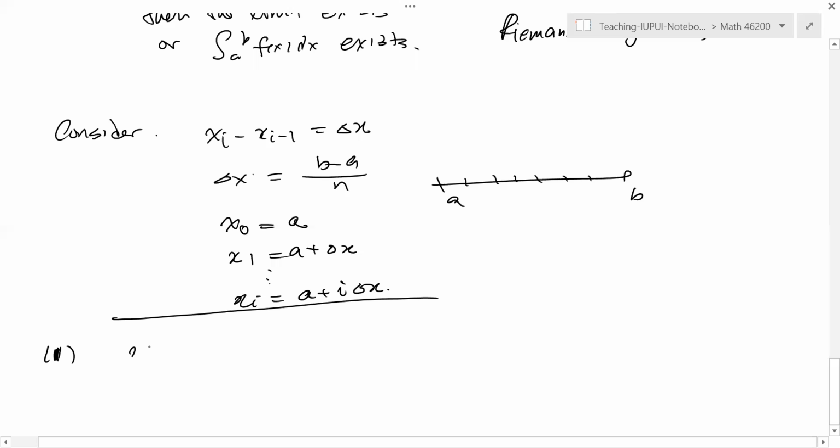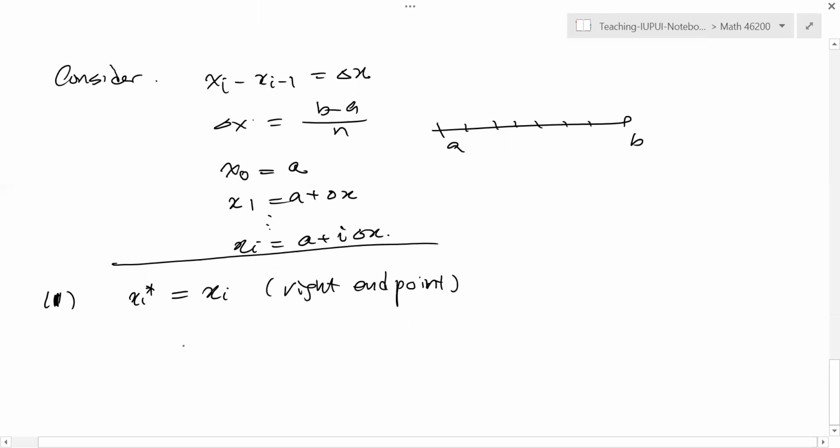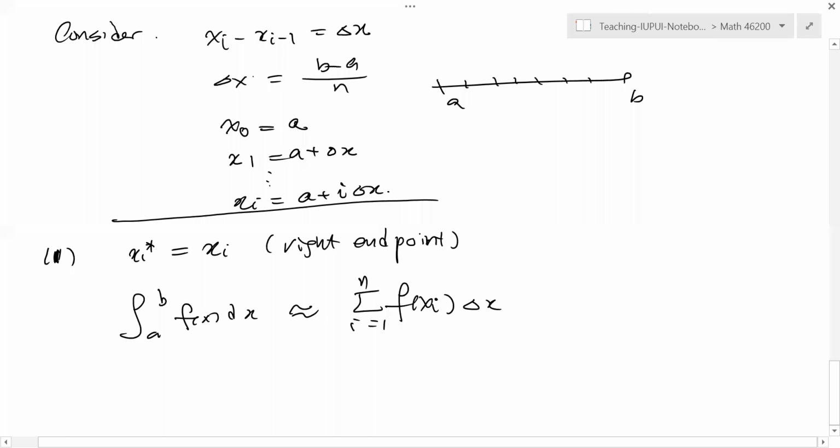If you choose x_i in the subinterval to be the right endpoint, then the corresponding Riemann sum approximates this integral. And delta x is the same delta x, just b minus a over n.